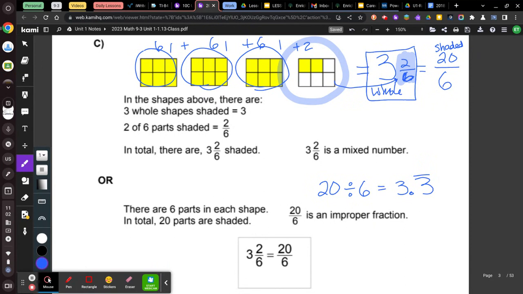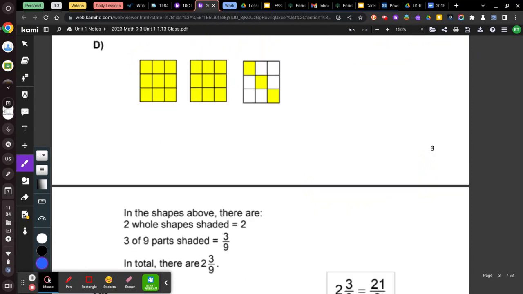So in this next example, I see one whole entire shaded, one whole shaded. So that's going to give me 2 entire objects shaded. Now, what is each object divided into? How many squares? If we count them, they're divided into 9 squares each.